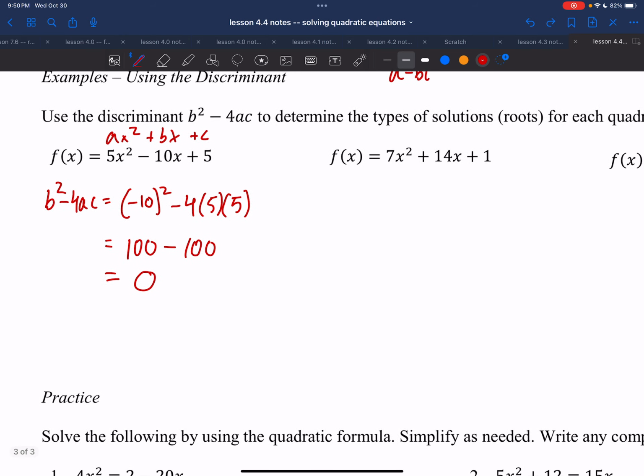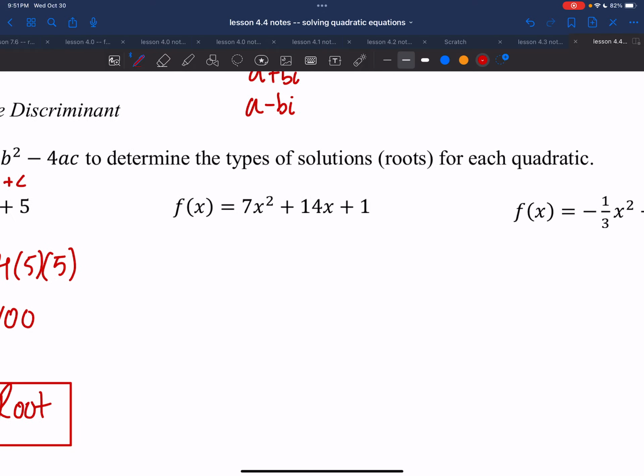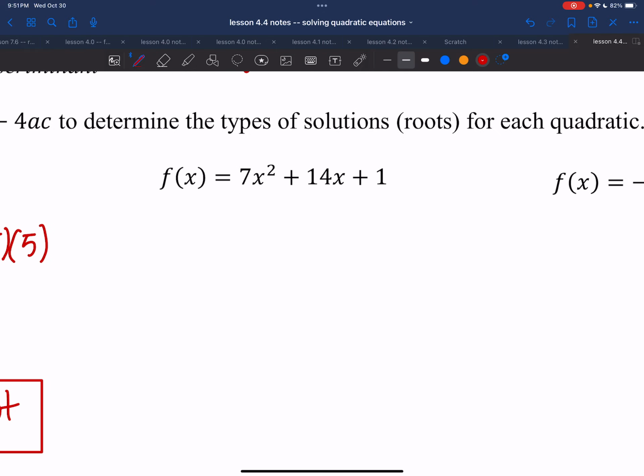So that would be the conclusion I make here. Therefore, this has one real root, right? One real root or one real solution, kind of referring to the same thing, yeah? One real root, okay? Okay, I'll do it for the other two, but I think you might get the idea.